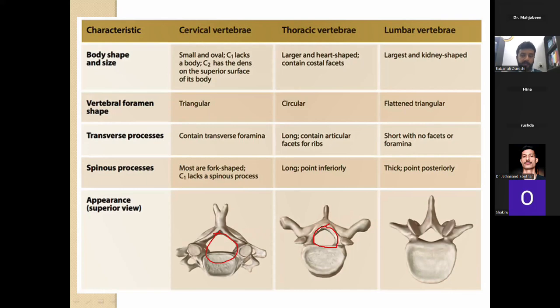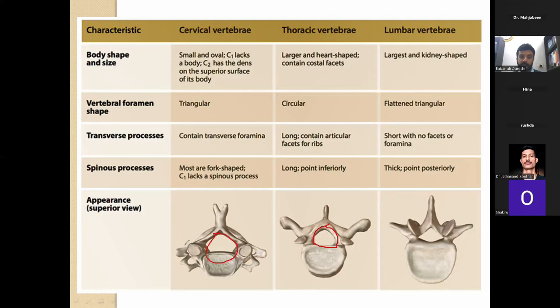So the canal here is a narrow one, and so even a minor injury to this dorsal region can cause damage directly to the cord. So we need to be careful whenever we are operating on the dorsal spine. When we come to the lumbar region, the canal is flattened and again triangular shaped.